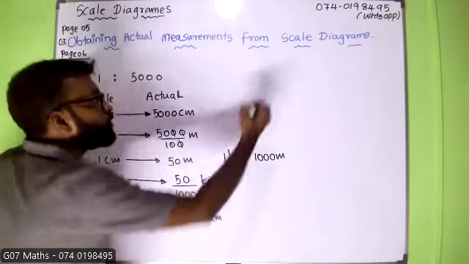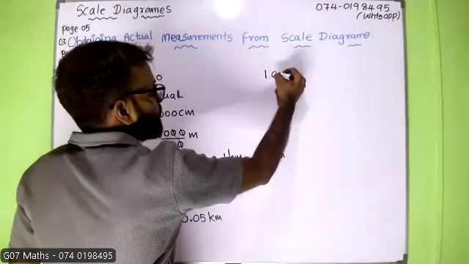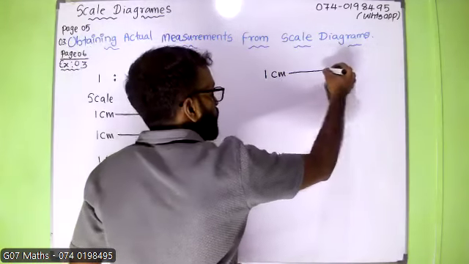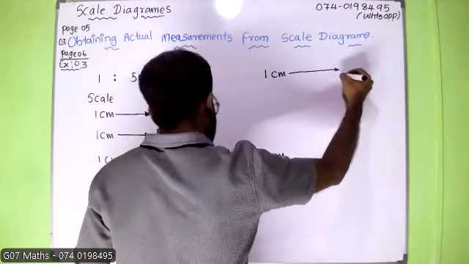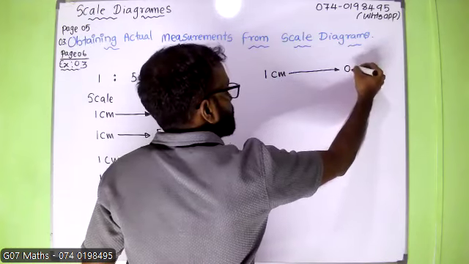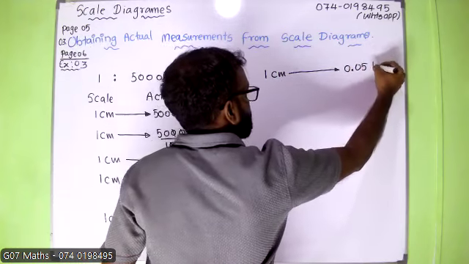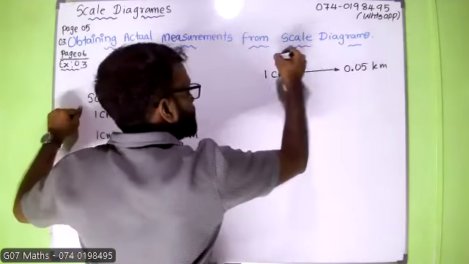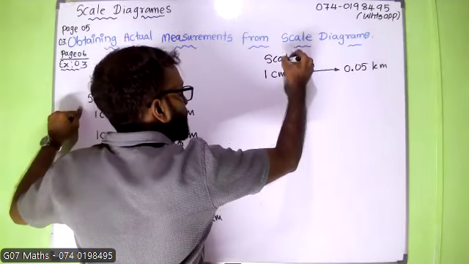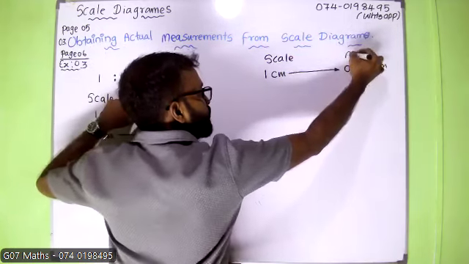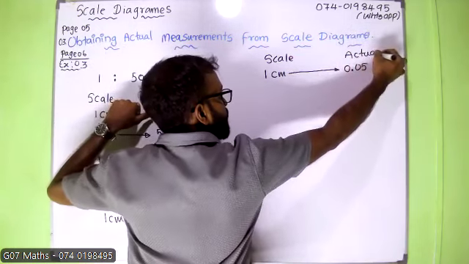So same thing I am going to write here. By using 1 centimeter, I am going to represent 0.05 kilometers. So this is my scale one and this is my actual one. Right? Same thing.